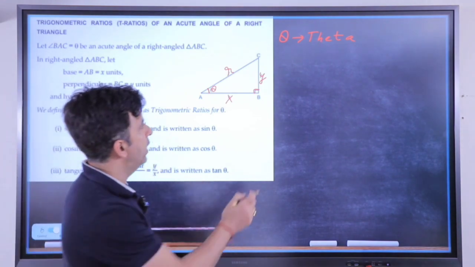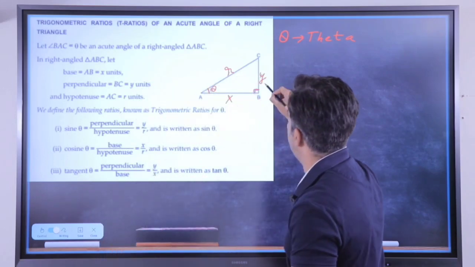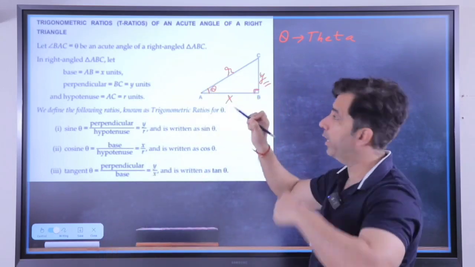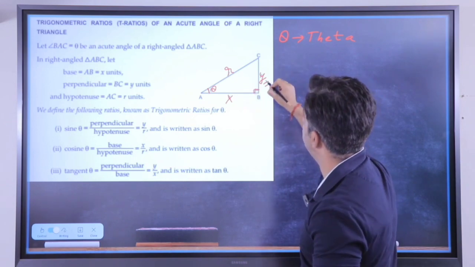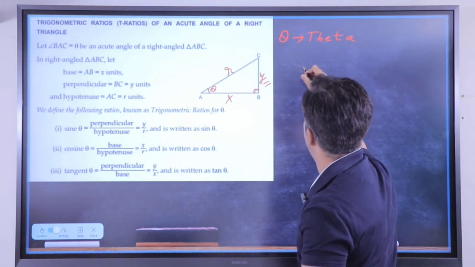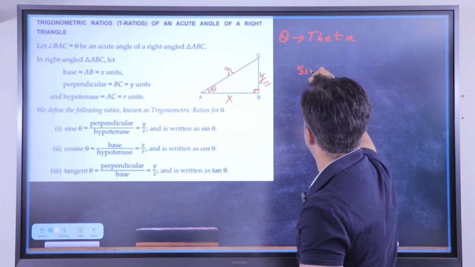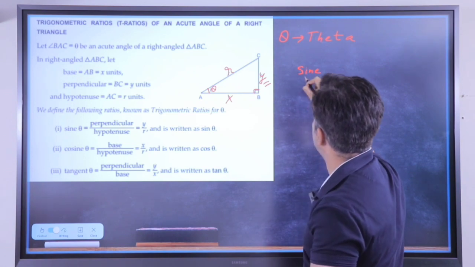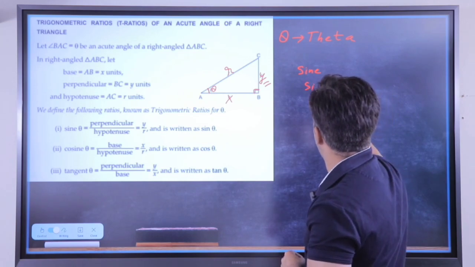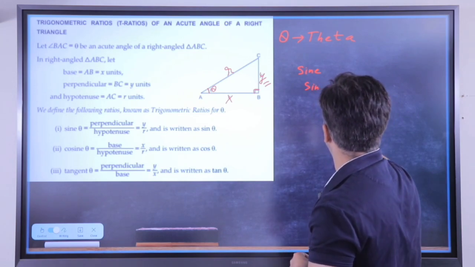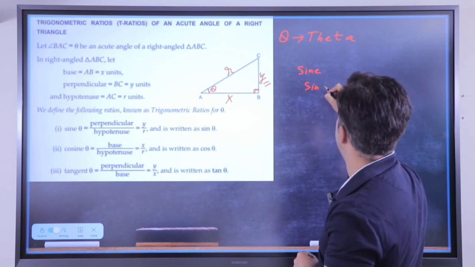The first ratio: this is the height, this is the perpendicular, and this is the hypotenuse. So the first ratio is perpendicular upon hypotenuse, and its name is sine. It is actually sine, but we normally use the symbol sin.